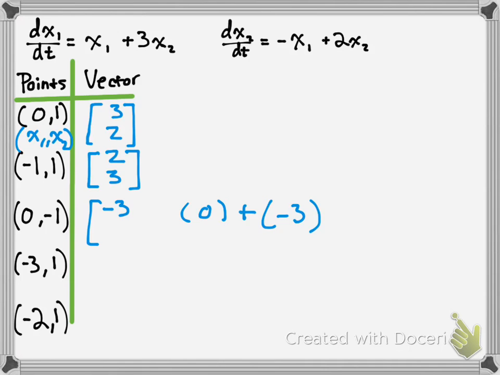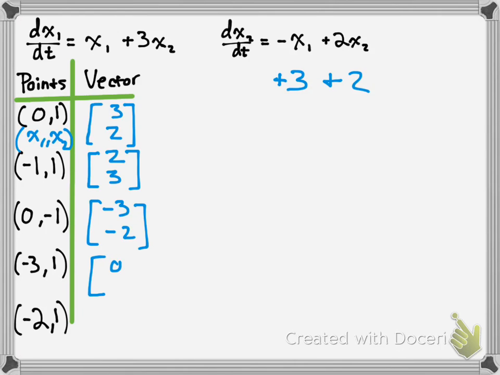And then same thing for the second one, you plug it in, and you get 0 minus 2, which is -2, and then -3 plus 3 is 0. We have 0. And then -3 times -1 is +3, plus 2 is 5.